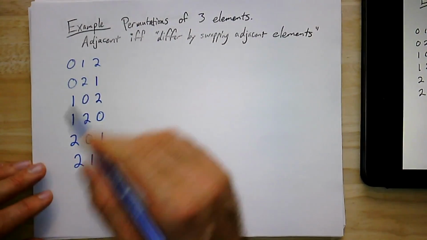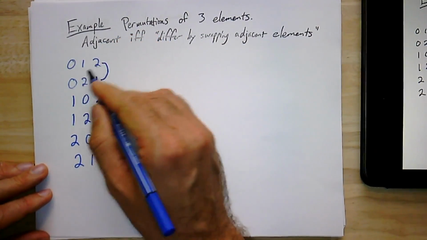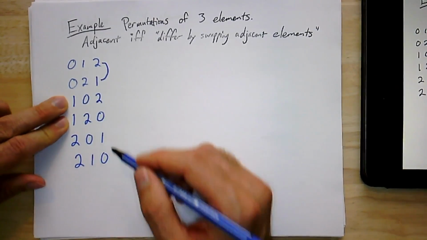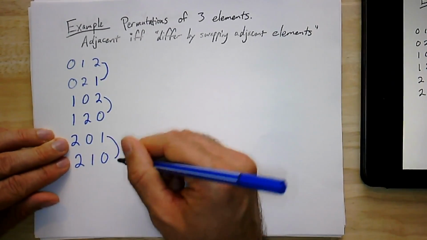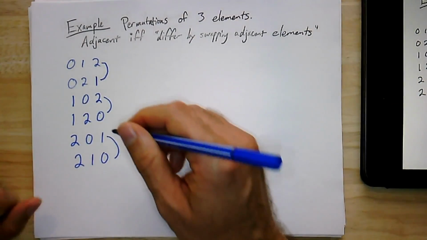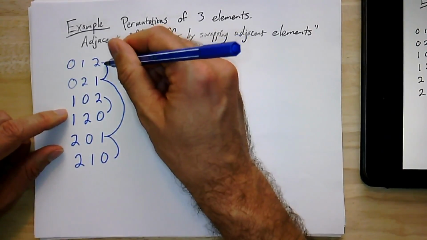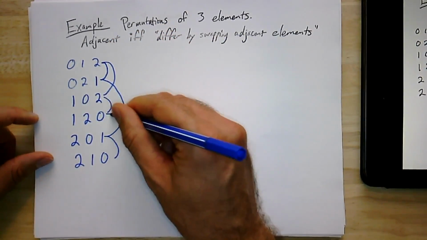If they swap adjacent ones, these 2 have to be adjacent because they swapped the second one. When I did this, you can see that the first thing is the same. So these 2 swapped and these 2 swapped. And now swaps of the first 2: things that end in 1, things that end in 2, and things that end in 0. Okay, so there it is.